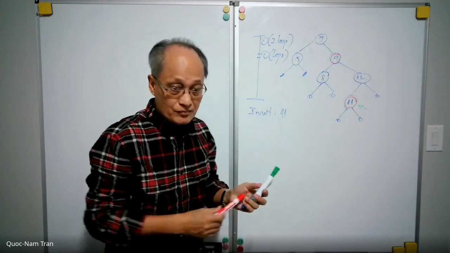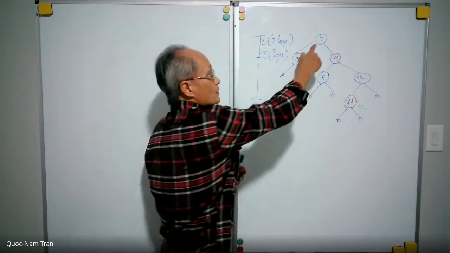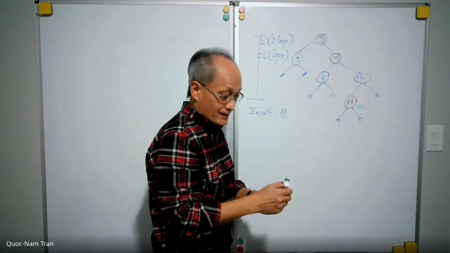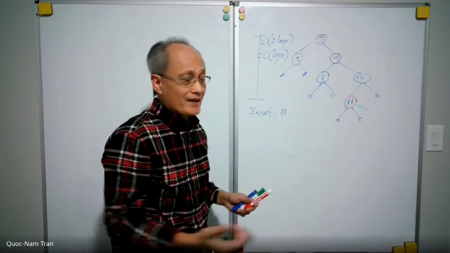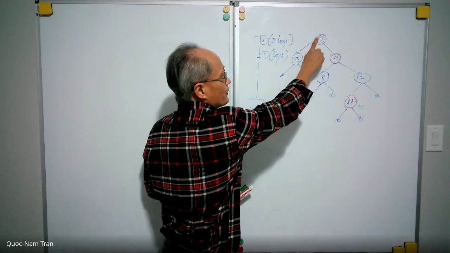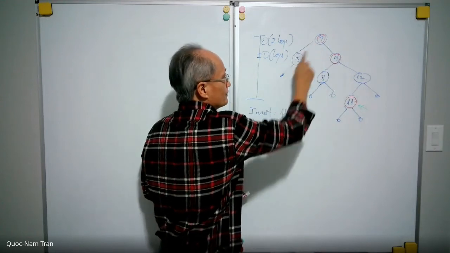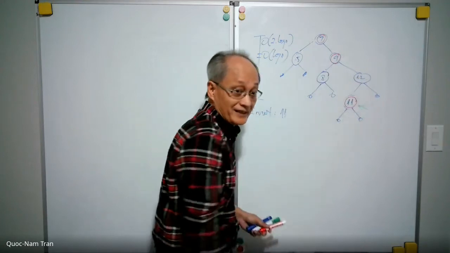It doesn't change the black count whether this one is black or red, right? If we simply change the color of the root, it doesn't matter because if we count the number of black nodes on every branch, we have 1, 2, 1, 2, 1, 2, 1, 2, right?